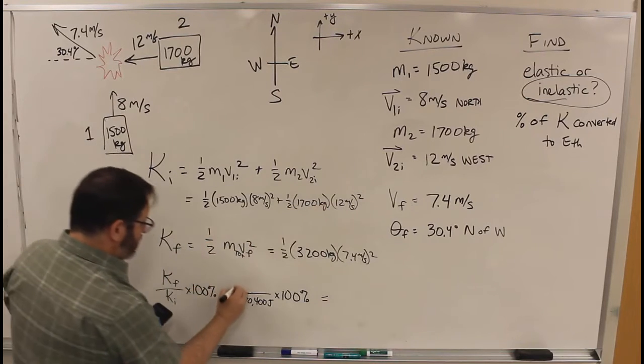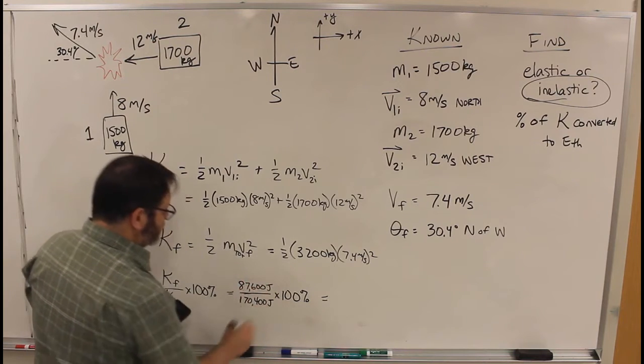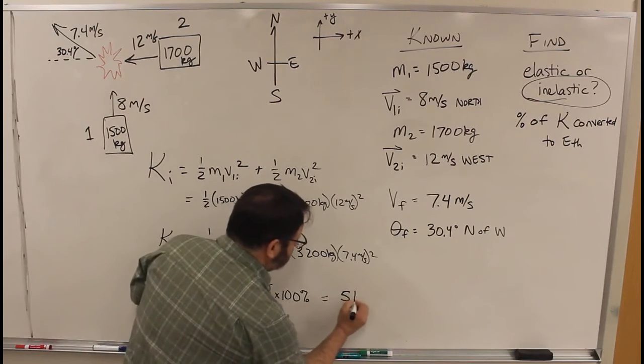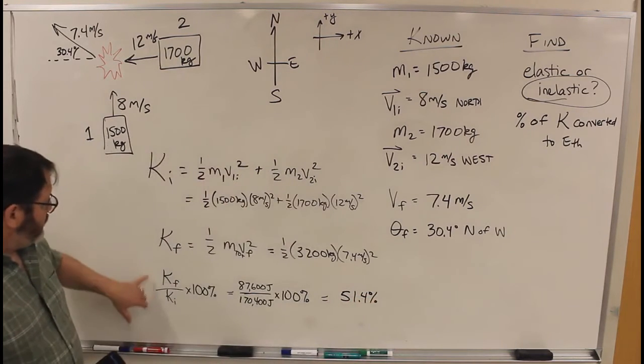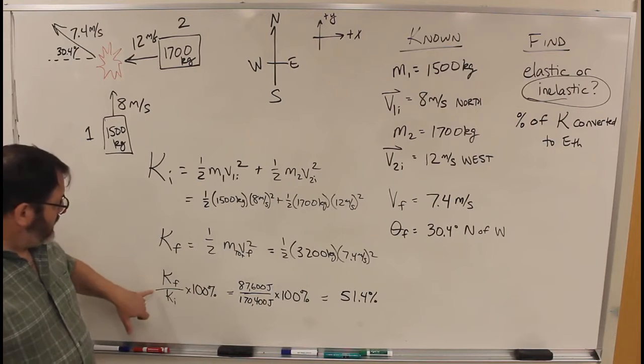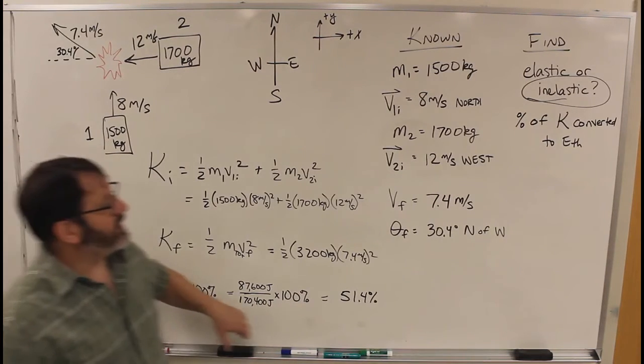And then K final gives us 87,600 joules. So this comes up to 51.4%. So 51.4% of the initial kinetic energy went into final kinetic energy.